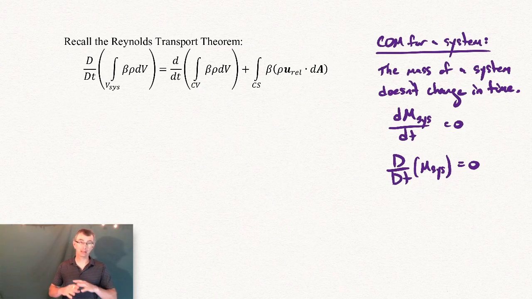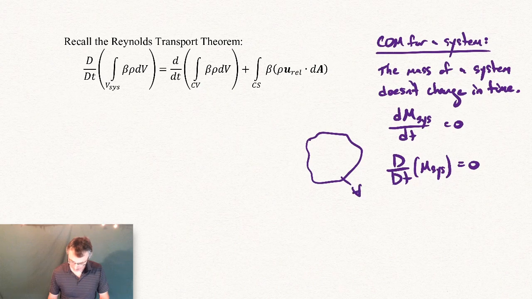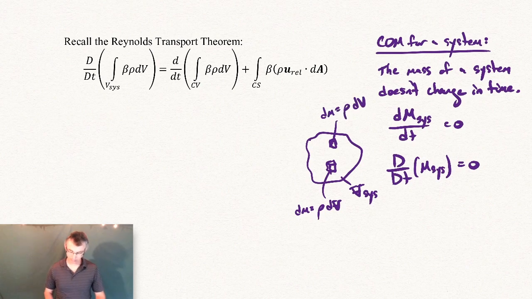Now, let me draw a picture of a system here. So here's some arbitrary system. The mass of this little piece of fluid might be a little different than the mass of that piece of fluid. They could have little differences in density. So the mass of that little bit is rho dV, and maybe the mass of that one is also rho dV, but maybe the rhos are different. Maybe the density isn't uniform through that whole system. To take into account this variability, when I write the mass of the system, I'm going to write it as an integral and add up all the little bits of mass in the system.